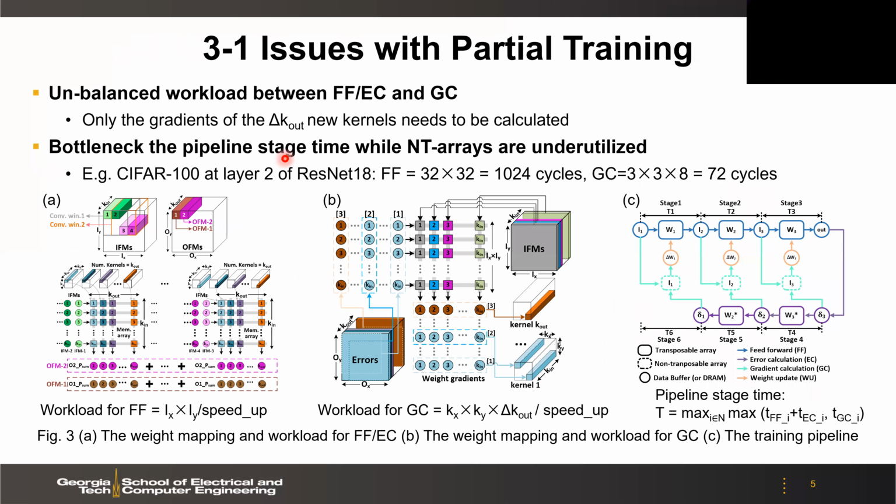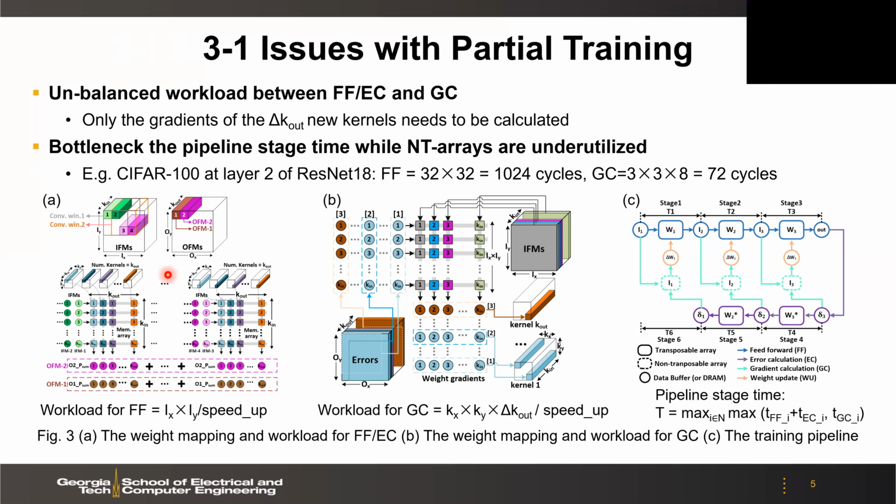However, one issue with the partial training is the unbalanced workload during training. We divided the training process into 4 stages: the feed-forward, error calculation, gradient calculation, and weight update. Figure A is the weight mapping scheme for feed-forward and error calculation. Figure B is the weight mapping scheme for the gradient calculation.